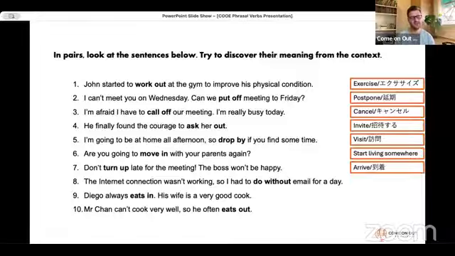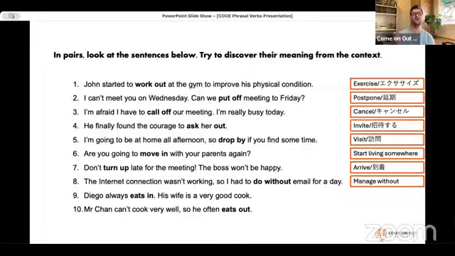Next one, the internet connection wasn't working, so I had to do without email for a day. Do without. This one is quite easy because it makes a lot of sense. Do without means that you have to manage or continue doing something without something that you need.